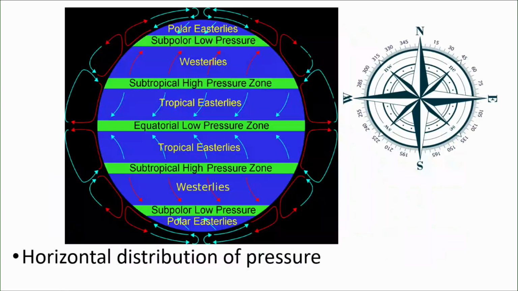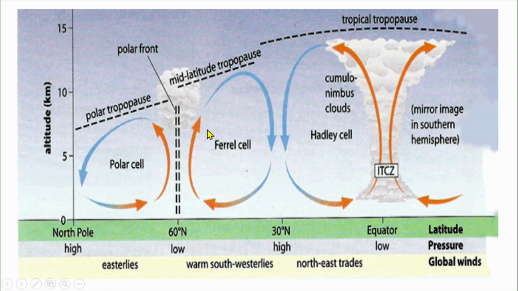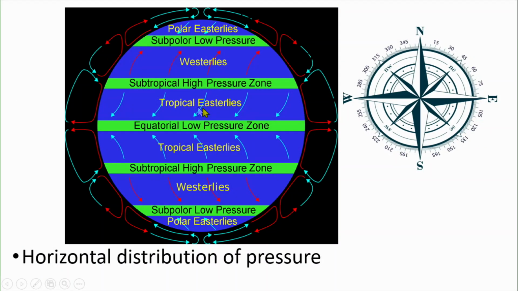When you are able to understand the three-dimensional way of circulation, you will be able to understand perfectly the way the air is being circulated in the troposphere, the first layer of the atmosphere. This is how the air circulates. Here we have got different pressure belts.